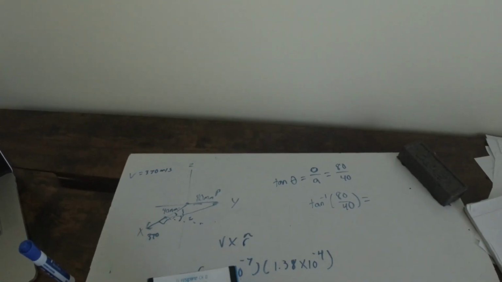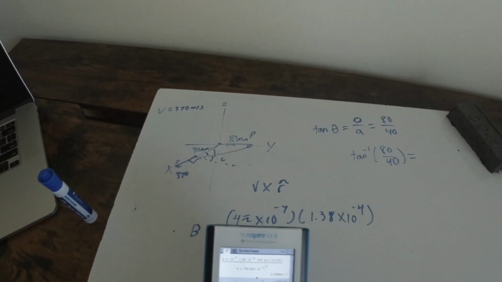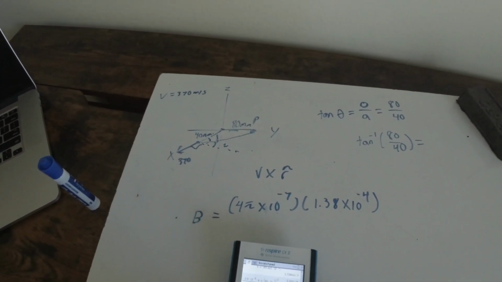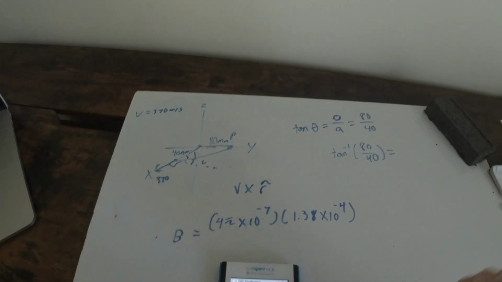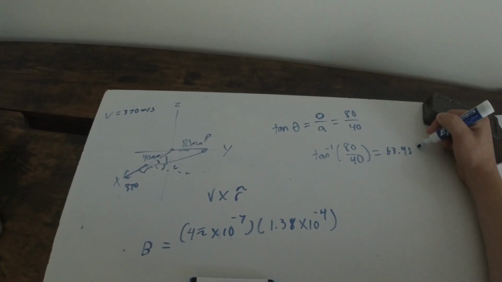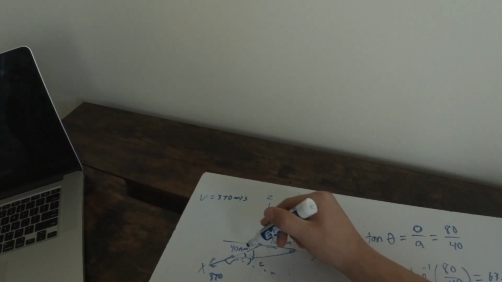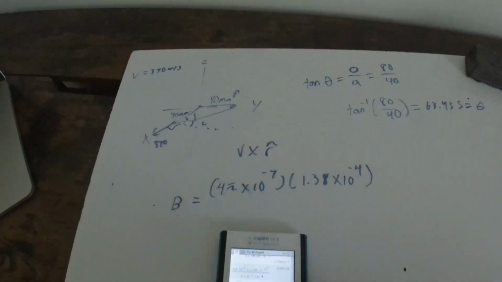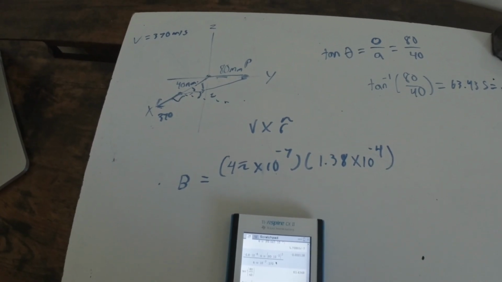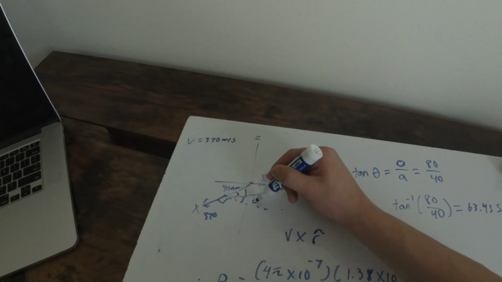it's so weird with a camera hat on my head. Okay, anyways, tangent inverse of 80 over 40 is equal to 63.435 degrees, which is theta. But that's not the one we're looking for. We're looking for the other one. So we multiply by -1 and add 90, which gives us the complementary angle, angle 2.